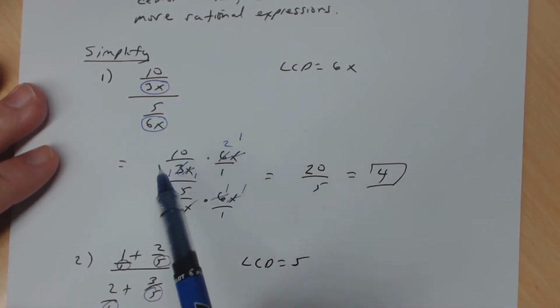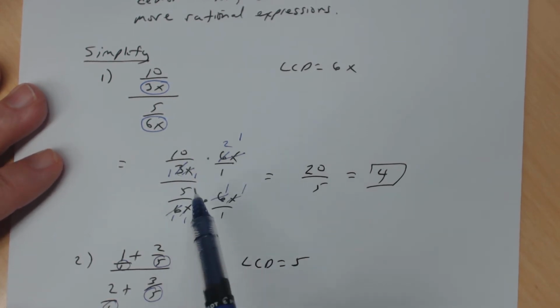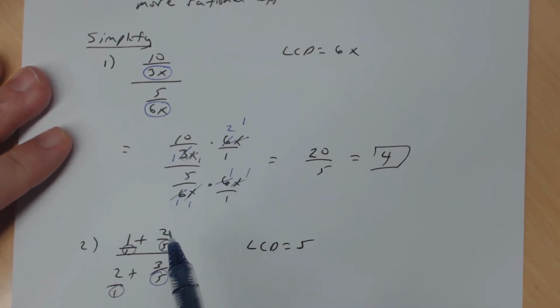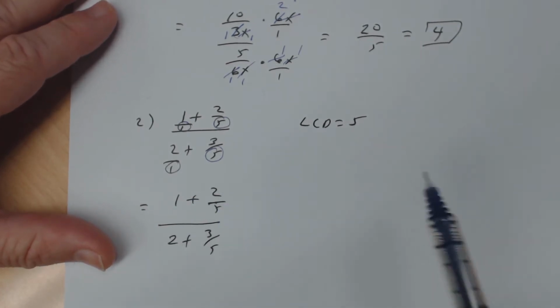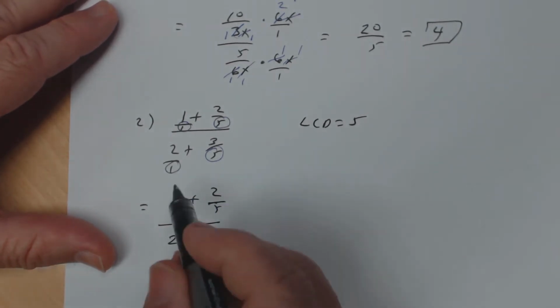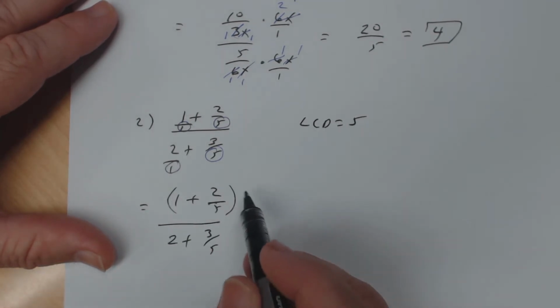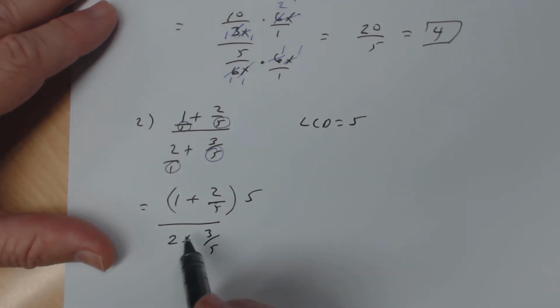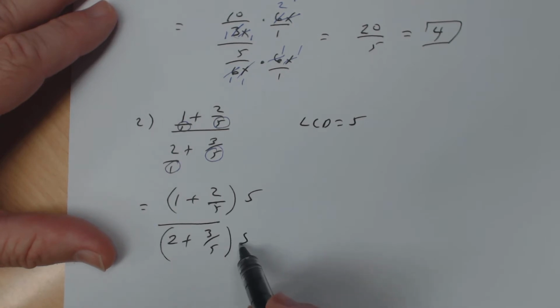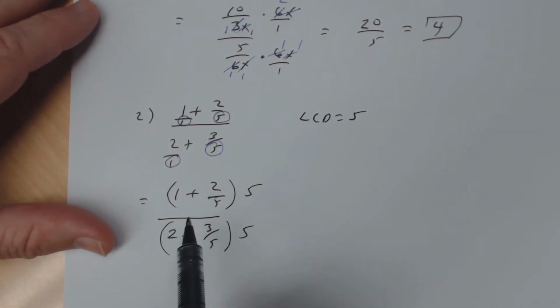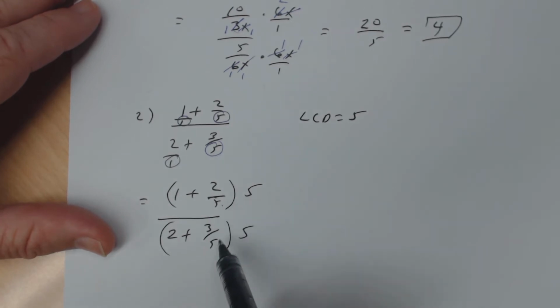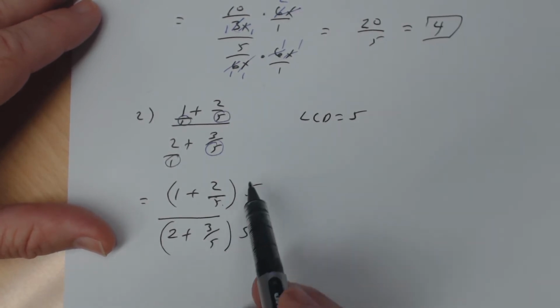So I just took this one fraction, multiplied by the LCD. Took this one fraction, multiplied by the LCD. Here, though, it's not one fraction, it's two fractions. So you need to put both of these in parentheses and multiply by the LCD 5. Put both of these in parentheses, multiply by the LCD 5. So what you do to the numerator, you do to the denominator. Now remember, the whole idea is to clear those fractions. So they clear those 5s on here.